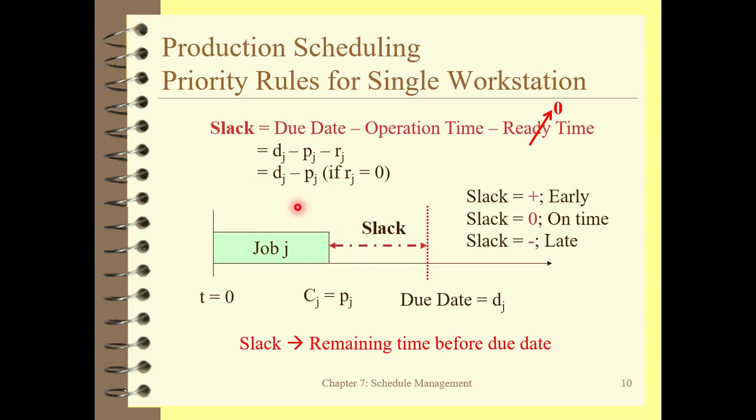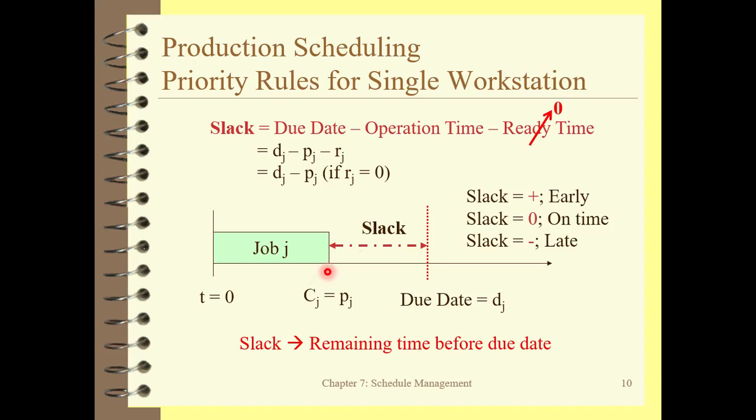For instance, suppose we have job J here. If we start job J at time 0, how much time is left before the due date? This is what we call slack time. So slack could be plus, 0, or minus. If slack is positive, meaning that the job completes before the due date, like this one.